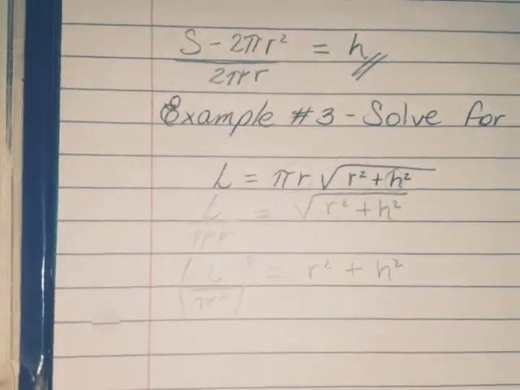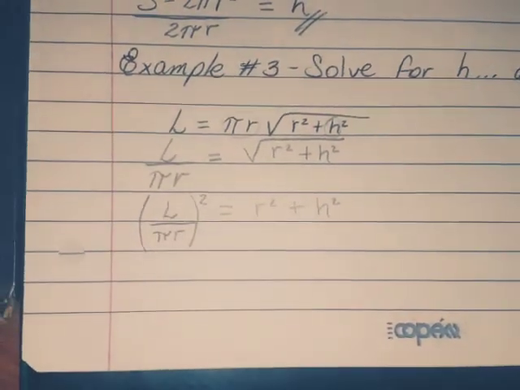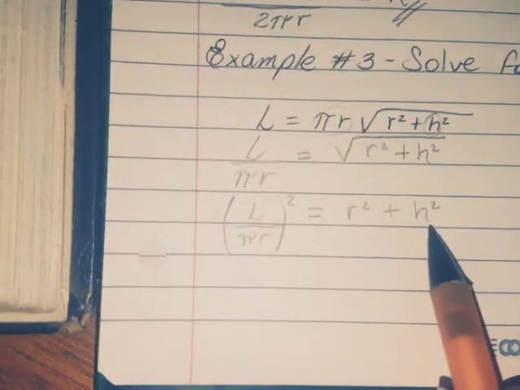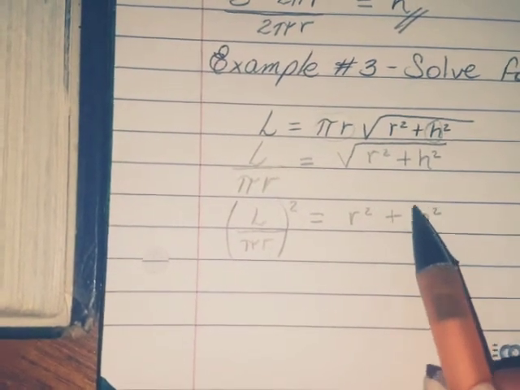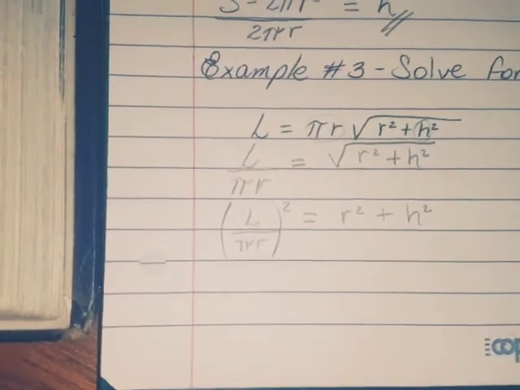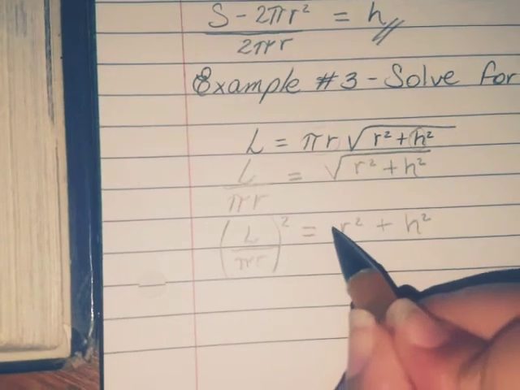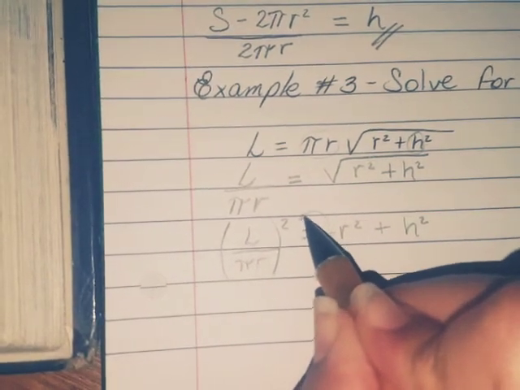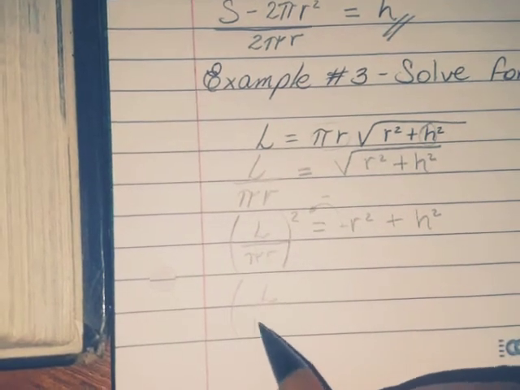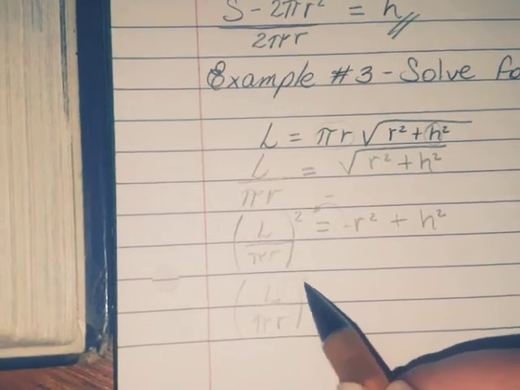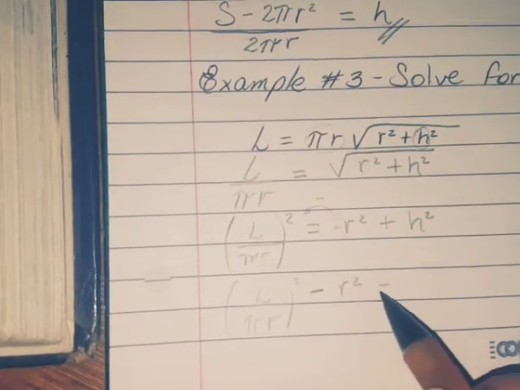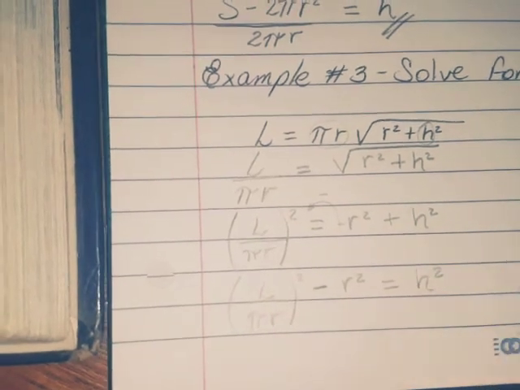Let's read the statement of the example so we can remember what we're doing. Solving for h. That means that between r and h, we're isolating this variable. That means r goes to the other side of the equation using the inverse operation. R is positive, so I'm going to bring it to the other side of the equation, subtracting. L over pi r, all of that to the second power, minus r to the second power, equals h to the second power.